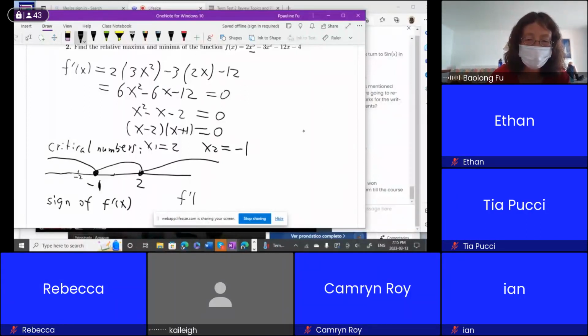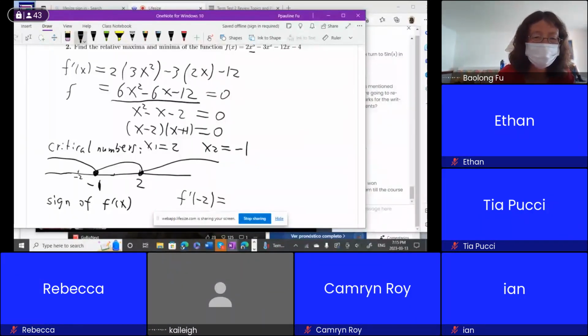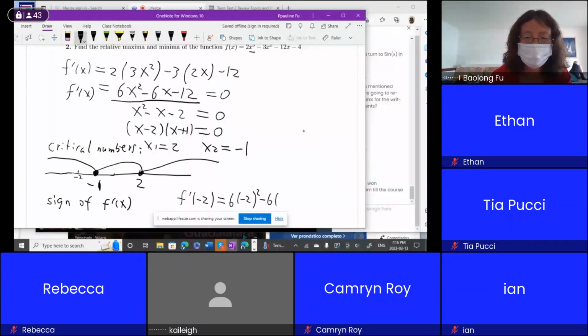So f prime of negative 2 equals 6 times negative 2 squared minus 6 times negative 2 minus 12. You do not need to know the exact number. You just need to know whether this is greater than 0 or smaller than 0. That's it.